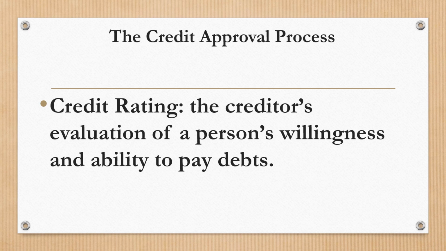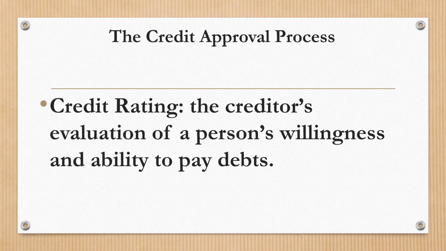Kasi minimal lang karaniwan yung mga requirements. Let us say, hiningan ka lang ng ID or hiningan ka lang ng certificate of employment. Bakit hindi tayo na-approve? So this is how you are being validated, or this is the process of the credit approval. So the first one is the credit rating.